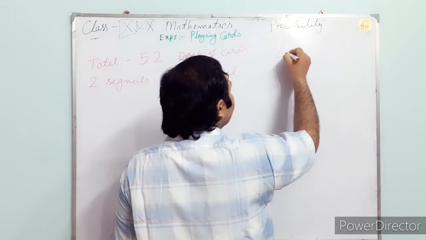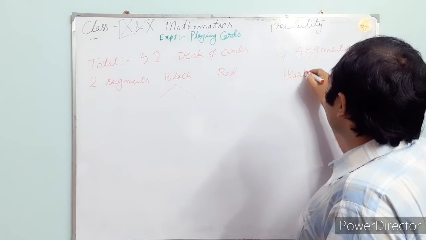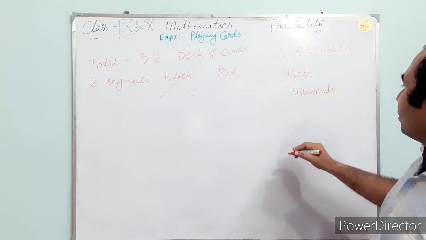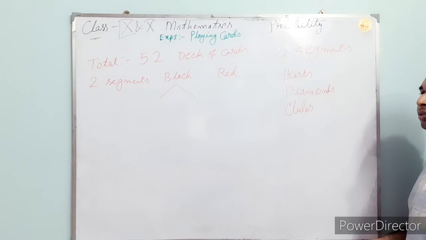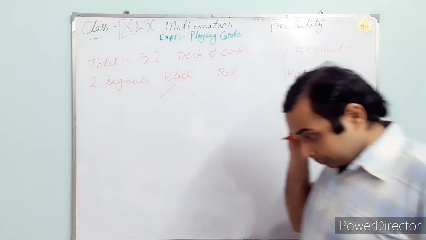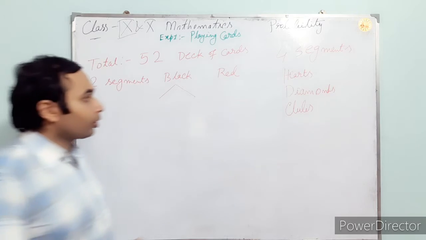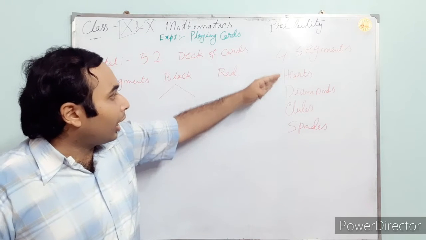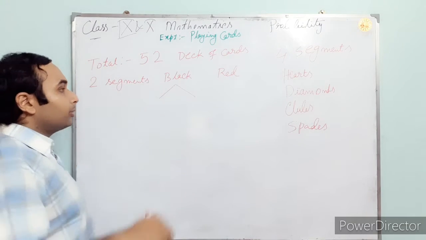Actually total 4 segments are there: the hearts, then the diamonds, then the clubs, and spades. 2 of the red segments and 2 of the black segments.